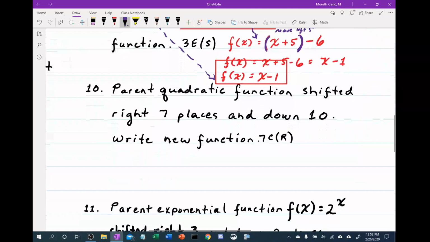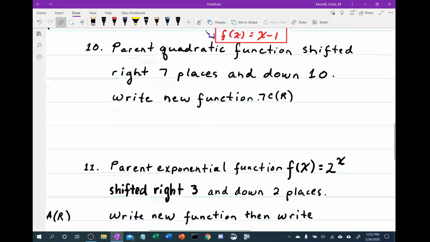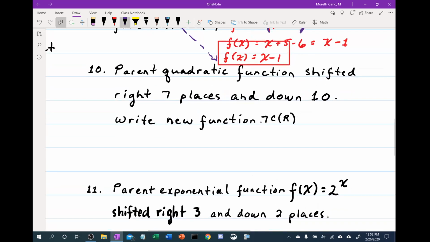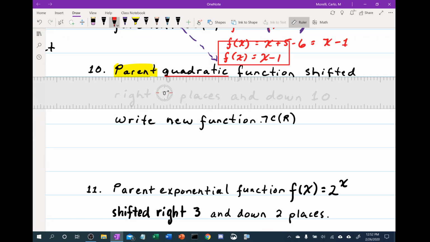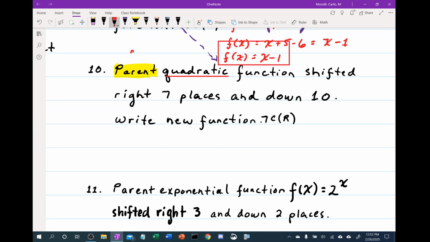You ready to look at a quadratic transformation? So first, let's figure out what the parent quadratic function is. This word parent means something important. Okay, the word quadratic is also very important. So here's the parent quadratic function. F of x equals x squared.